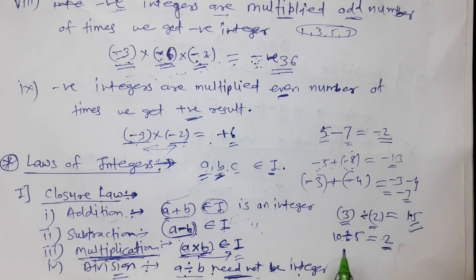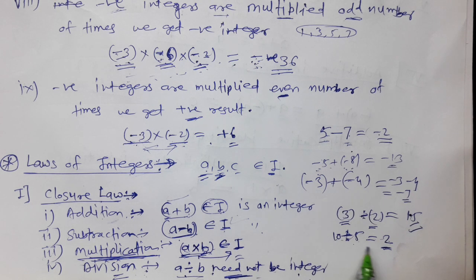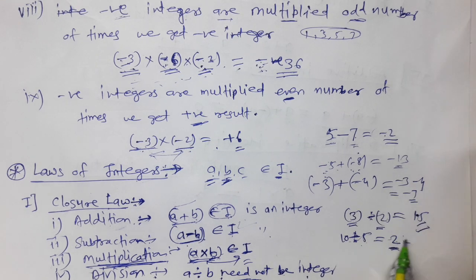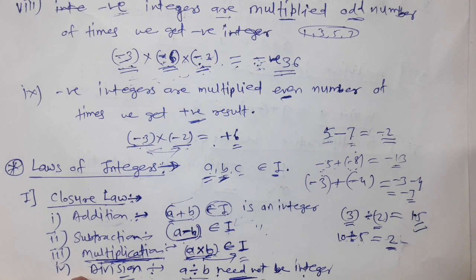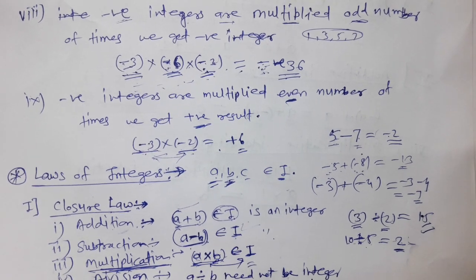One example of each we have taken here. 10 divided by 5 is 2. 10 and 5 are integers, and their division is also the integer 2. 3 and 2 are integers, but their division is not an integer, it is 1.5. Need not be means sometimes we will get an integer, sometimes it will not be an integer.